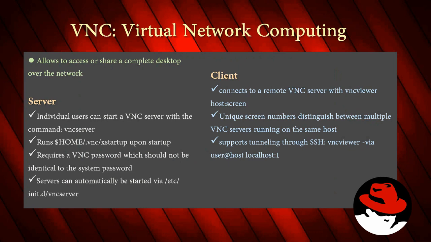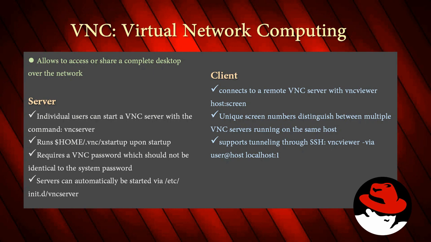VNC can be configured in two ways, a server and a client. A server is an individual user that can start a VNC server with the command vncserver. By typing the vncserver command on a Linux terminal, you could initialize the VNC server. You have to run the HOME variable and PATH variable upon startup.